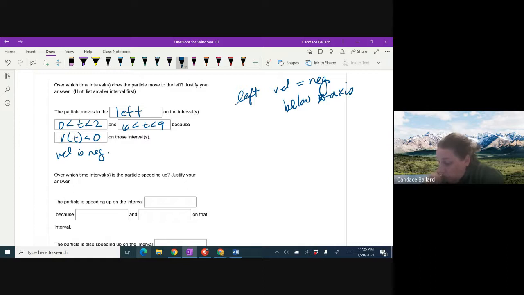All right, so over what time intervals is it speeding up? Okay, so speeding up, let's see if we've remembered something from earlier on. Speeding up means what about acceleration and velocity? All right, so we know that acceleration and velocity have to have the same signs, okay?